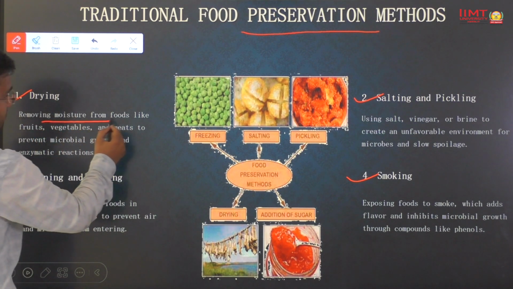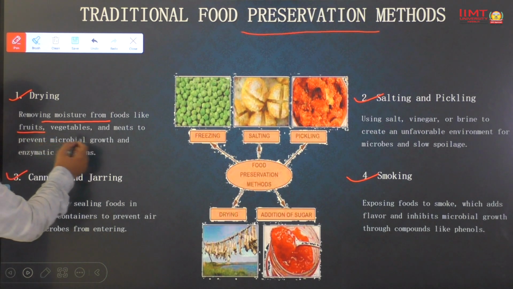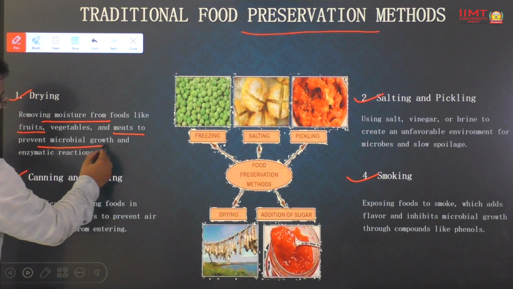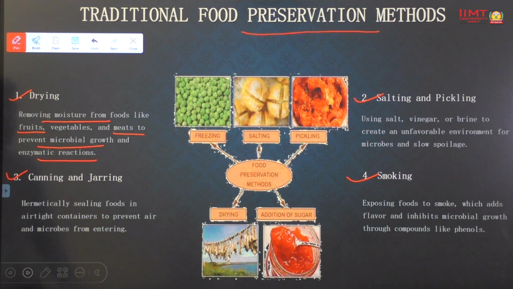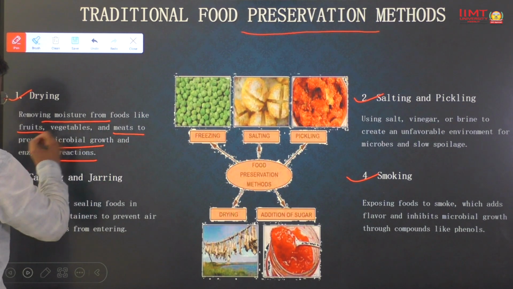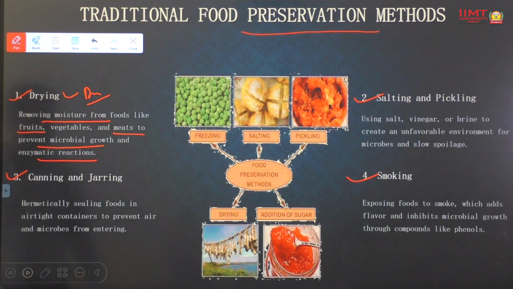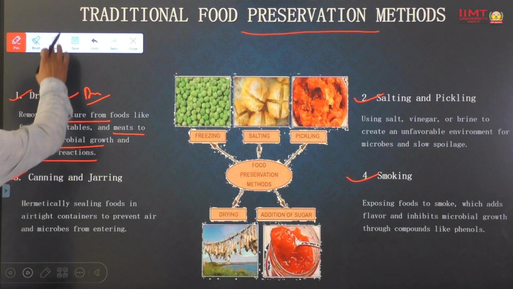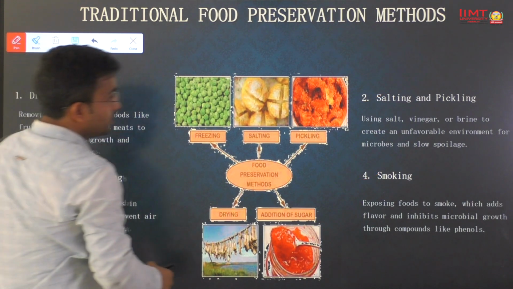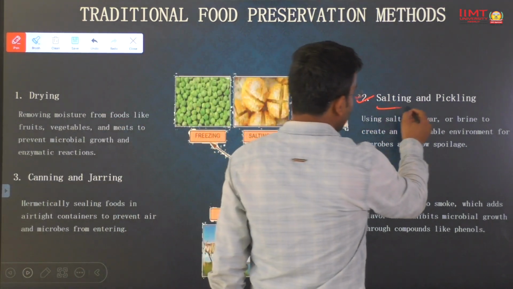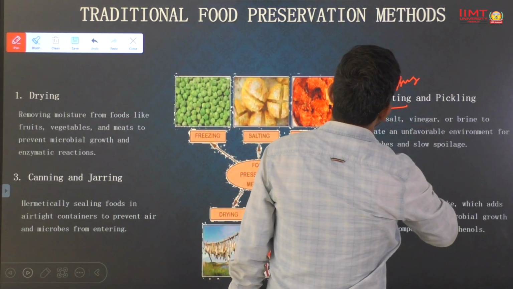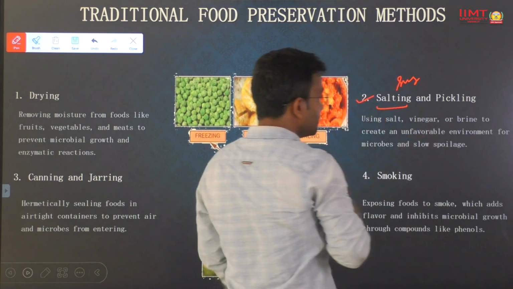So here is drying. It removes moisture from foods like fruits, vegetables and meat to prevent microbial growth and enzymatic reactions. We use the drying method to reduce spoilage. In salting and pickling, salting and sugaring are also methods to preserve fruits and vegetables.